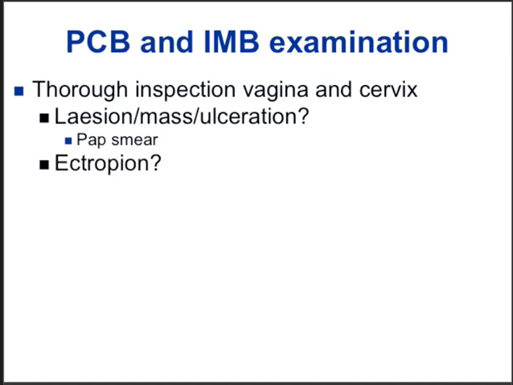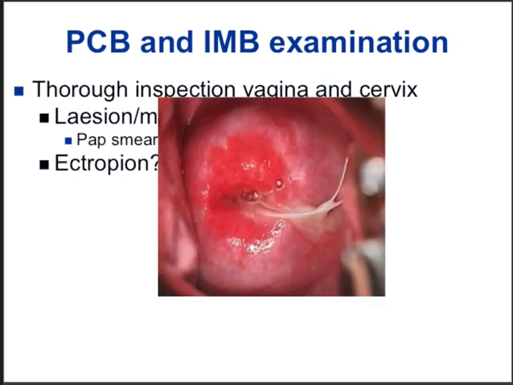We can ask ourselves, is an ectropion visible? Ectropion is shown in this picture. We see here the magnification of the cervix in a lady who has an intrauterine device. Here we see the strings. This red circle represents the endocervical cells, and outside of this circle we see the squamous cells.